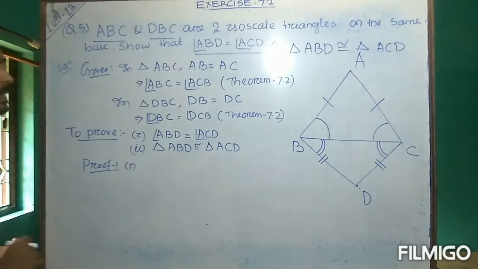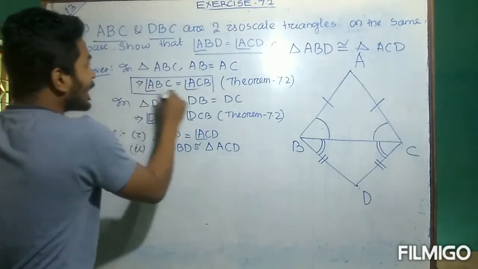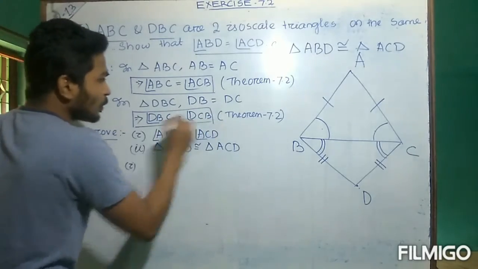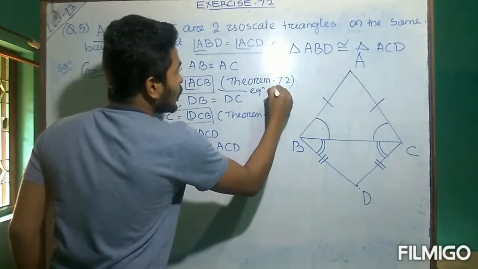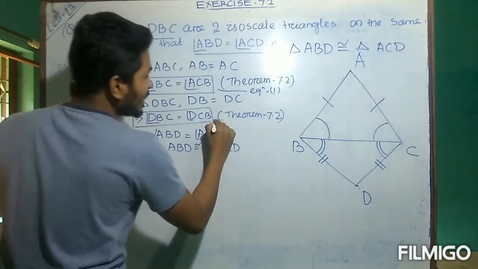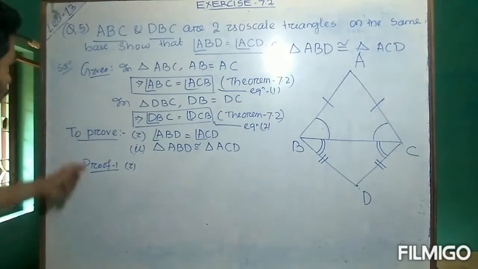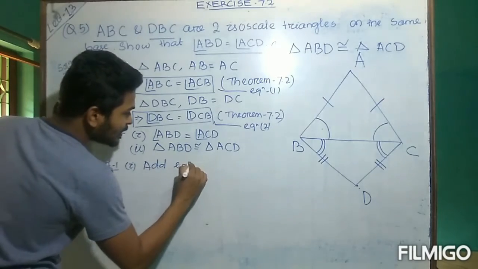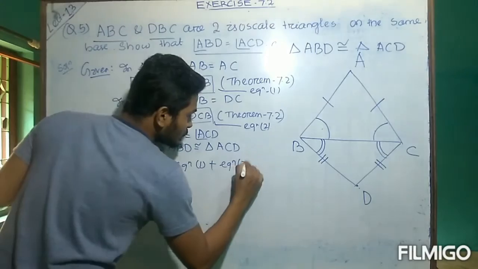Since we have verified that this angle is equal to this angle, suppose it is our equation number 1 and this is our equation number 2. Here we have to add equation 1 with equation 2.